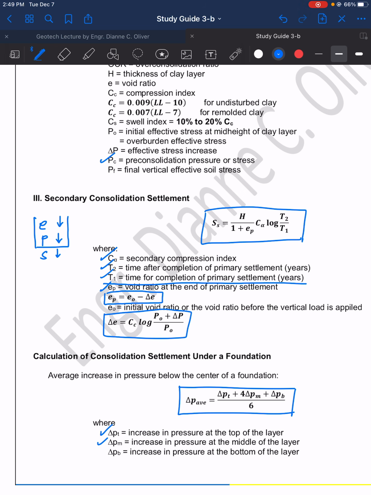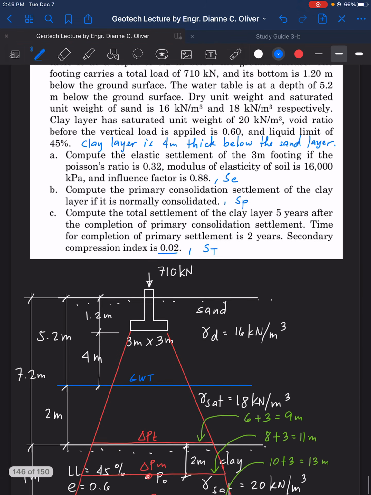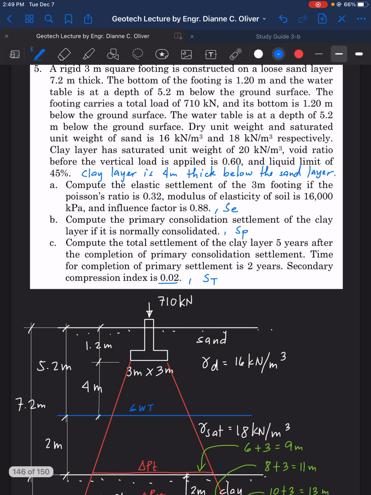So meaning the reference point is after primary consolidation settlement has been completed. Okay. So what does it mean? So which one is T sub 1? Which one is T sub 2?